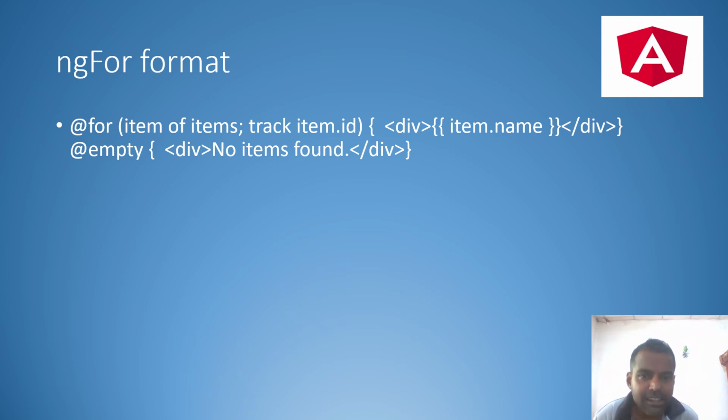Then we can track individual items by the id or item name, or if there is an empty list, we can display no item found.